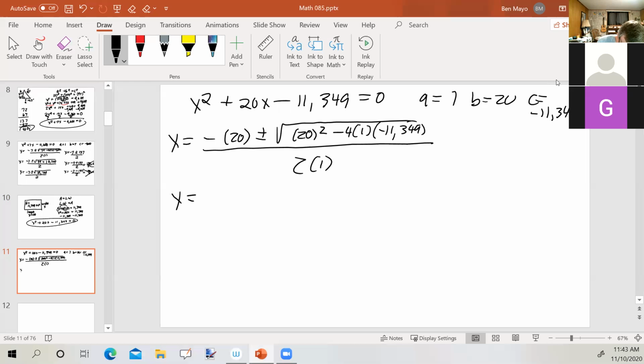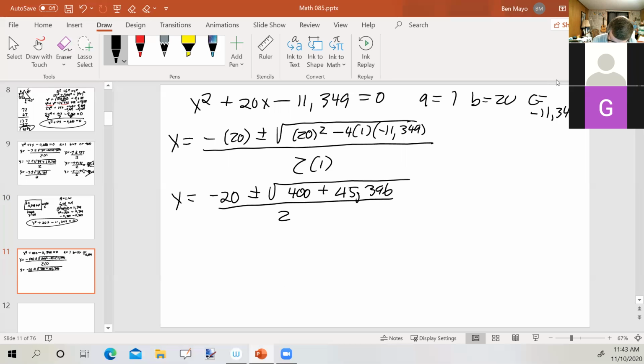So X equals negative 20 plus or minus the square root of 400 plus, because we got negative times positive times negative. And let's see, we've got 4 times 1 times 11,349. And I'm getting 45,396 all over 2.